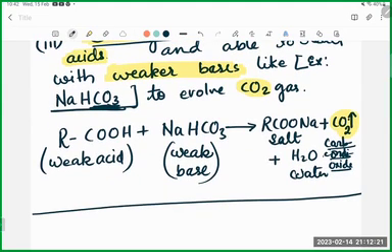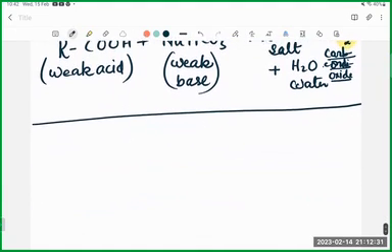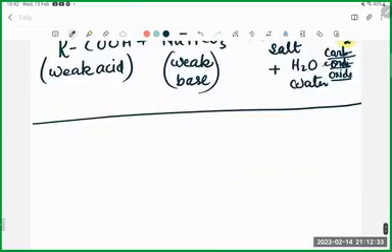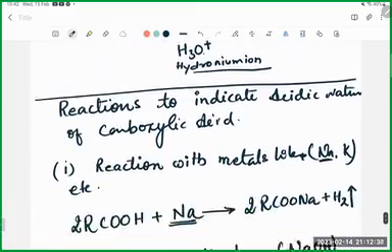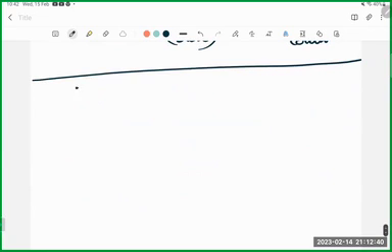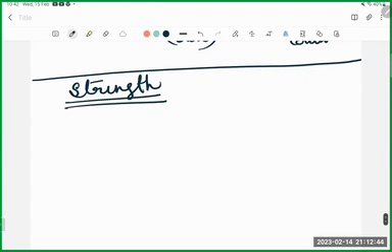So you have seen that carboxylic acids are weaker acids and they react with a weak base like sodium bicarbonate. Now, let us talk about strength as we have come to it. The reactions we have done; now strength. Acidic strength.